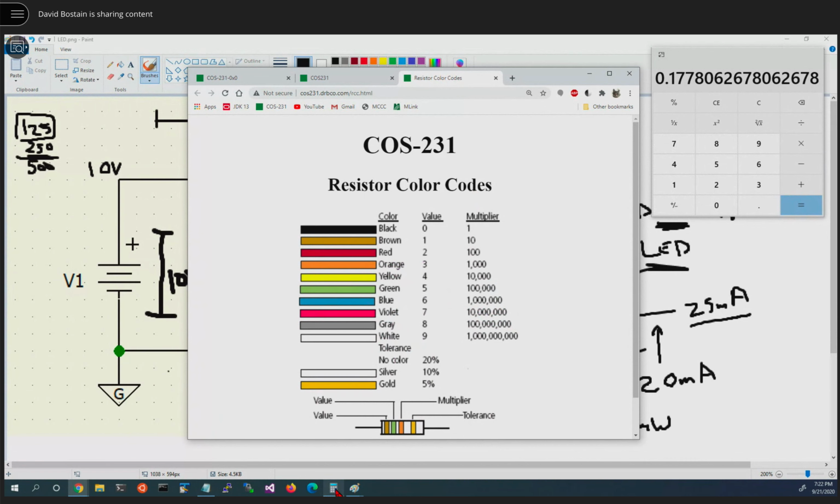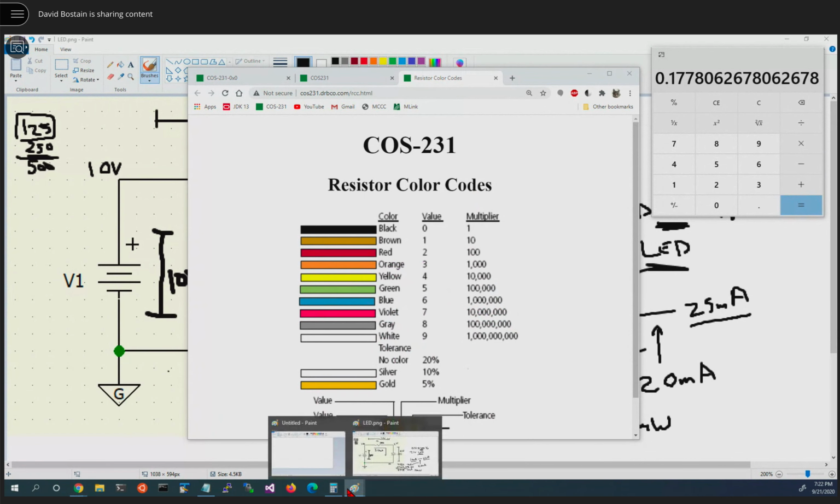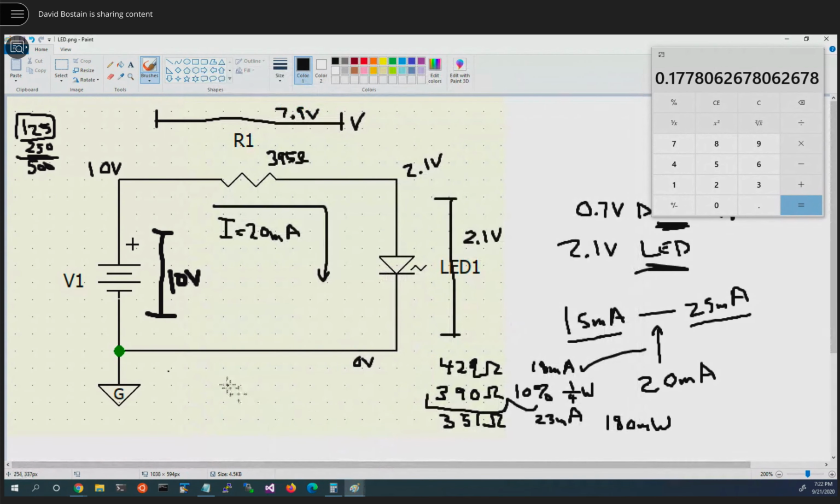Where's my page? So the resistor we're getting here is orange, white, brown. And we said it's 10%, so that's silver.